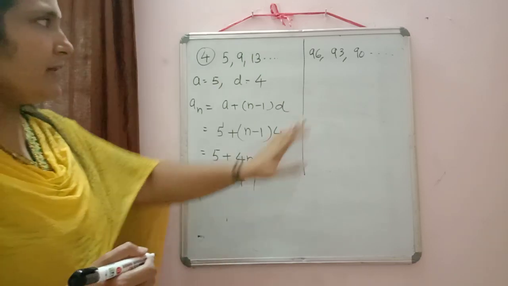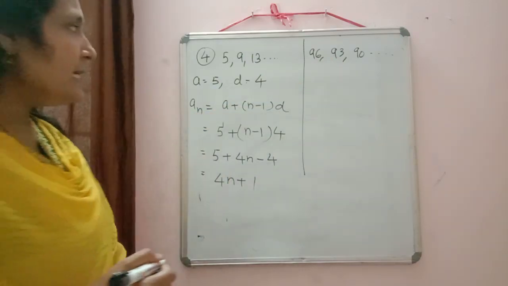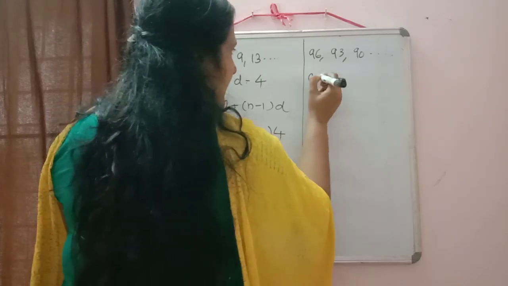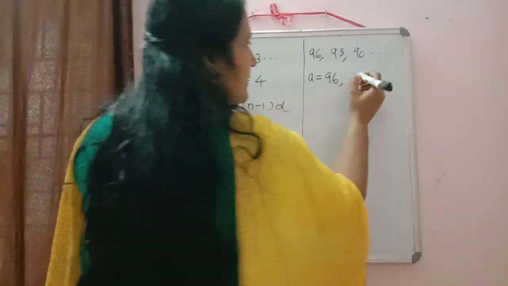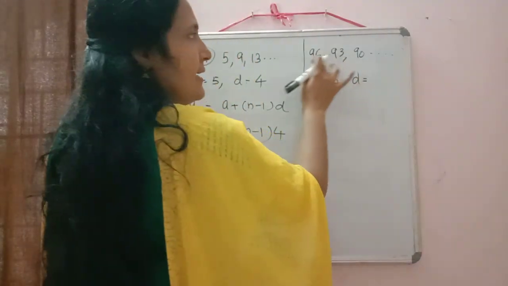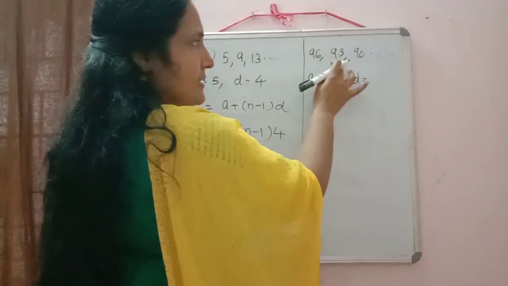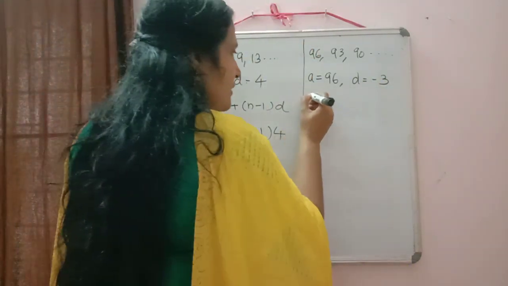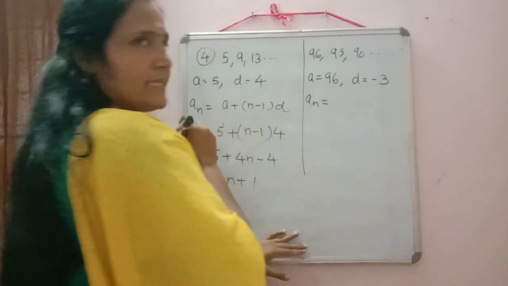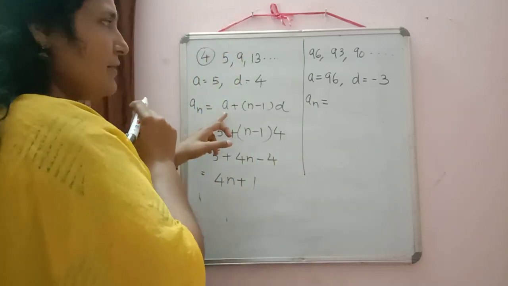In the same way we'll calculate the nth term of the second AP also. In the second AP we have A is equal to 96 and D is equal to 93 minus 96. 93 minus 96 will be equal to minus 3. So the nth term of this AP we will check now what will come. Already the formula we wrote there.